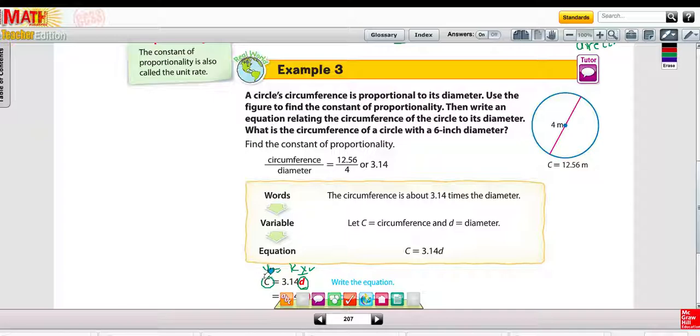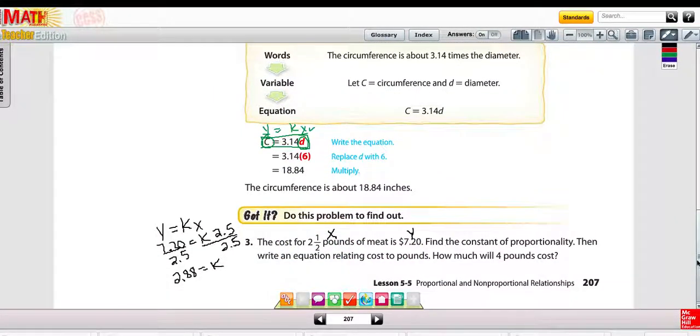So again, I'm just trying to use those vocabulary words that are going to come up again for us. Y equals kx is the format we're going to use. This one's just a little bit different because we're using circumference and diameter, but don't let that confuse you. We will use y equals kx in the example that you're going to write down in your notes.